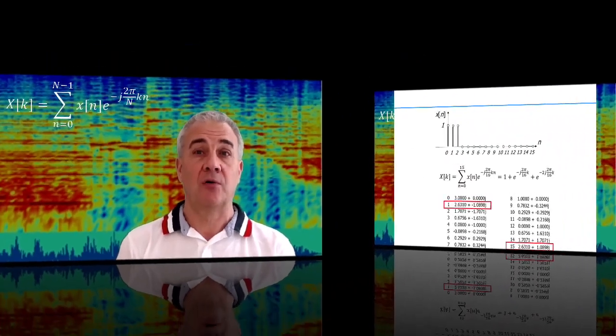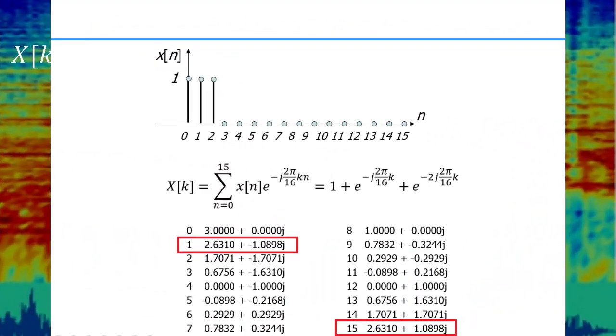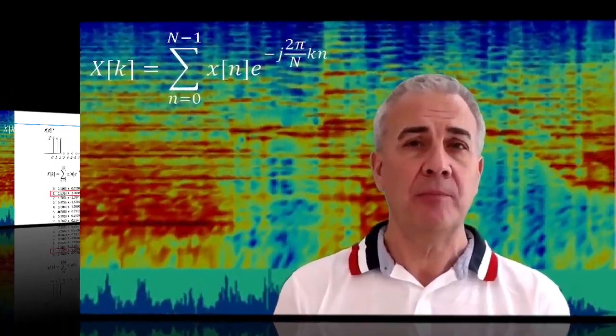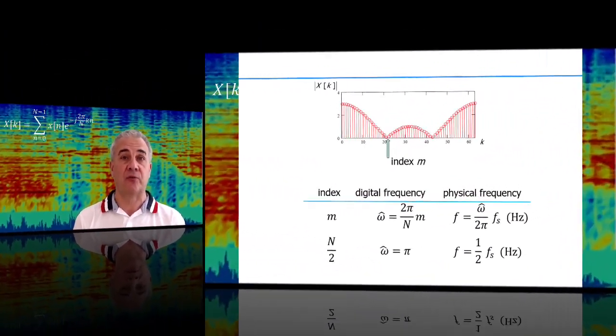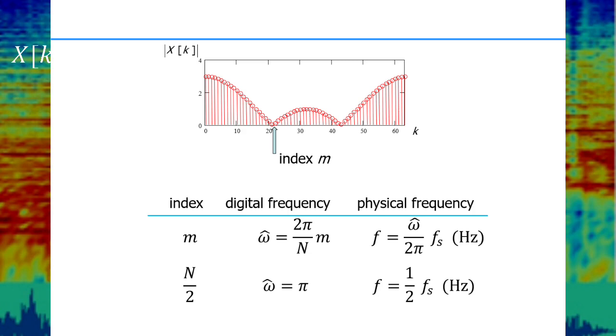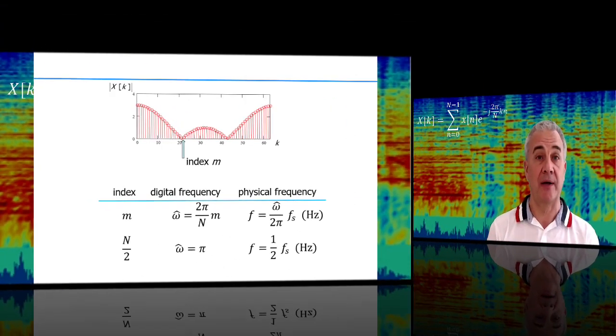For instance, due to the symmetry properties for real valued signals, the DFT coefficients 1 and N minus 1 must be complex conjugated. I recommend that you carefully study the relationship between the index k of the DFT, the continuous digital frequency omega hat, and the physical frequency as illustrated here. Some of the Python exercises will help you understand this relationship.